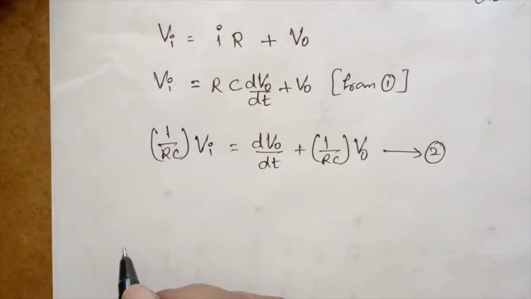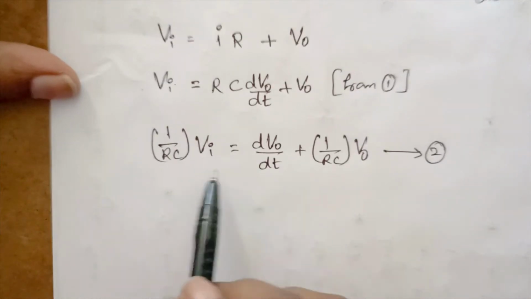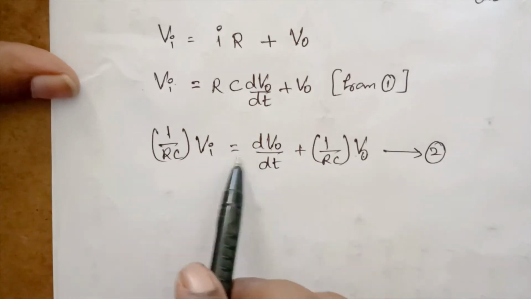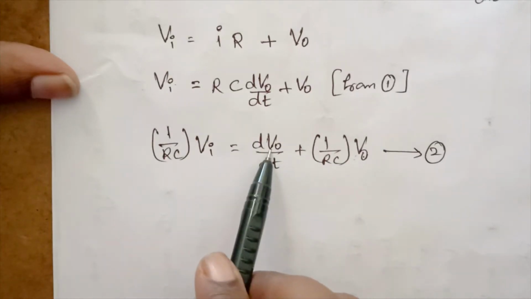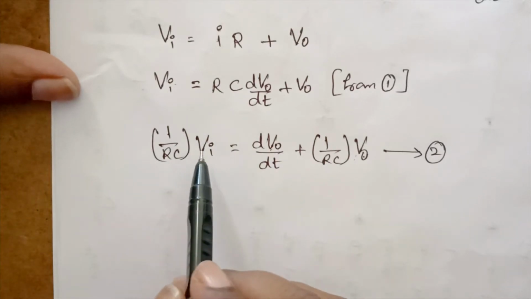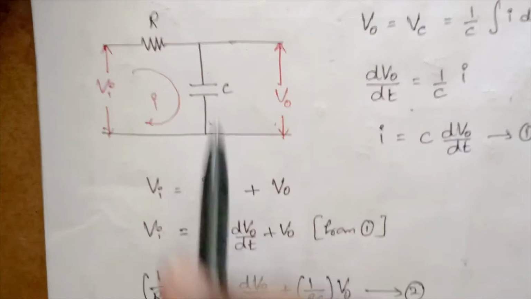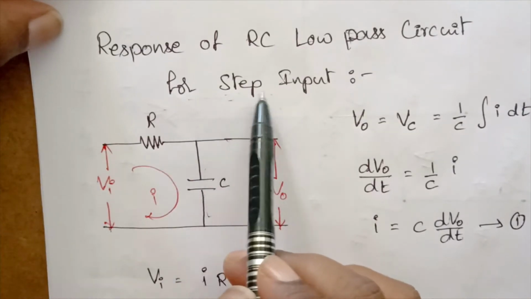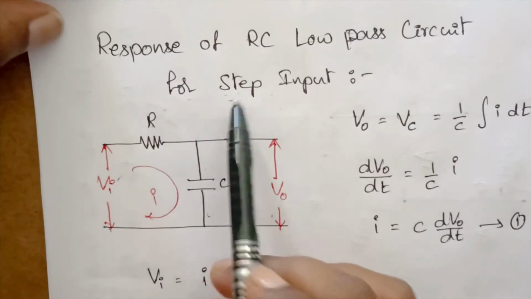If you observe, this is a differential equation, and we need to find the solution for it. Here we are finding the response of the RC circuit for step input, so we need to apply the input as a step.